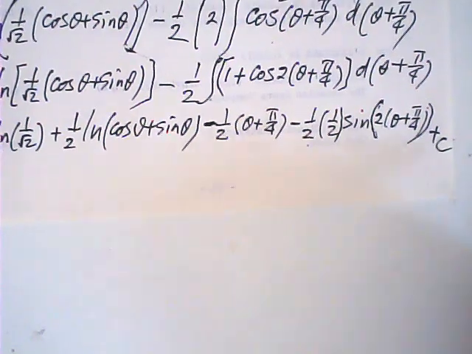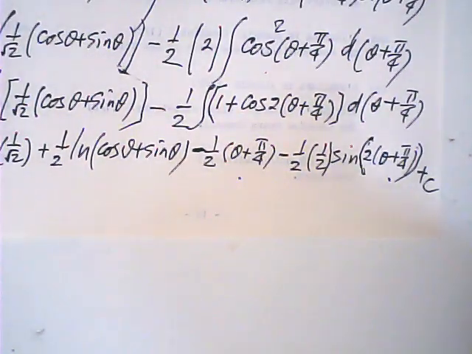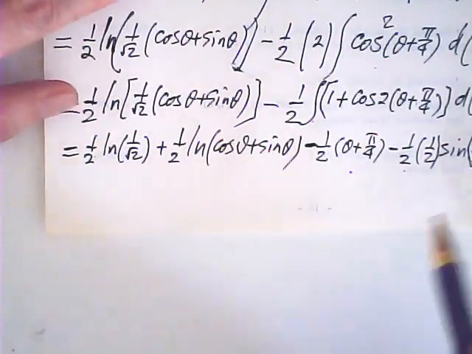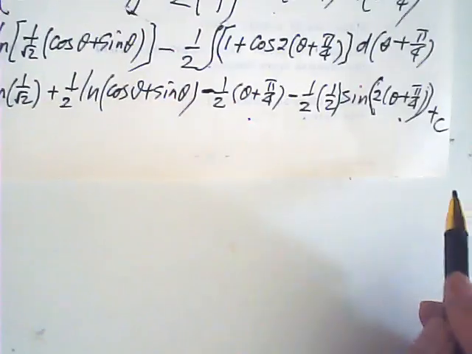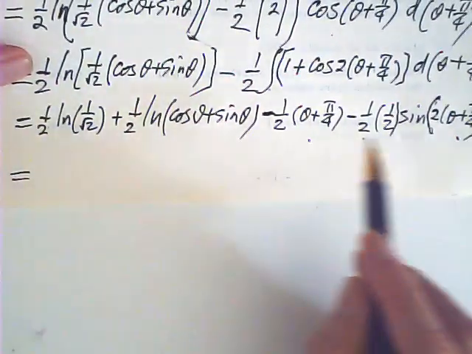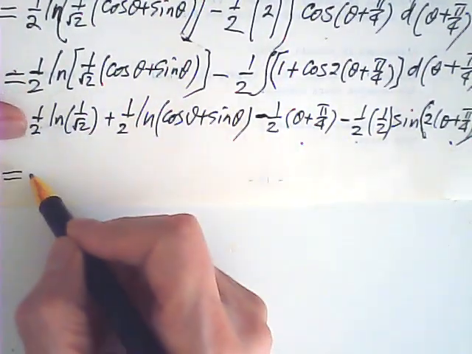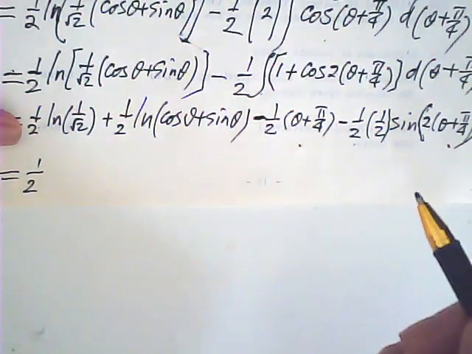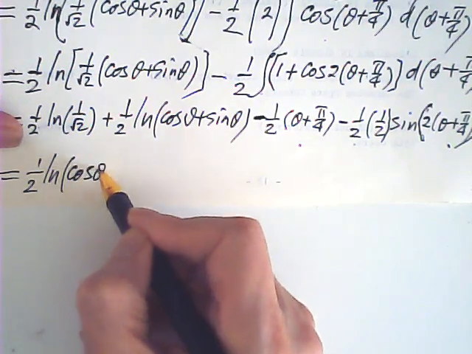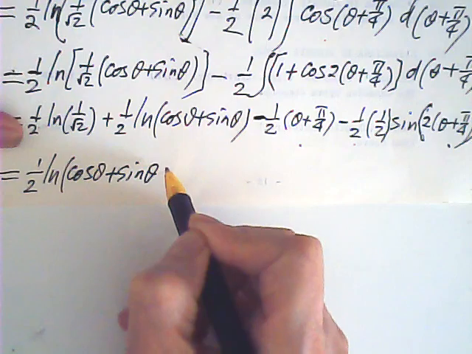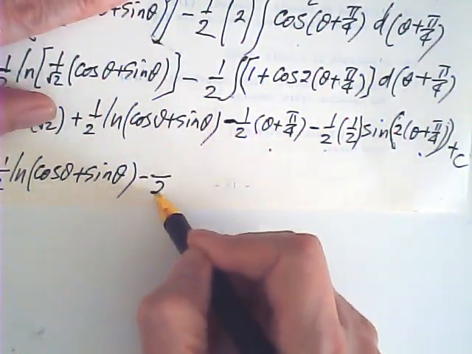Okay, good. This integral is that. Now, this is a number. C is a number, so I can combine it with c, right? So this is gone. This goes to c. So 1/2 natural log cosine theta plus sine theta minus half theta.